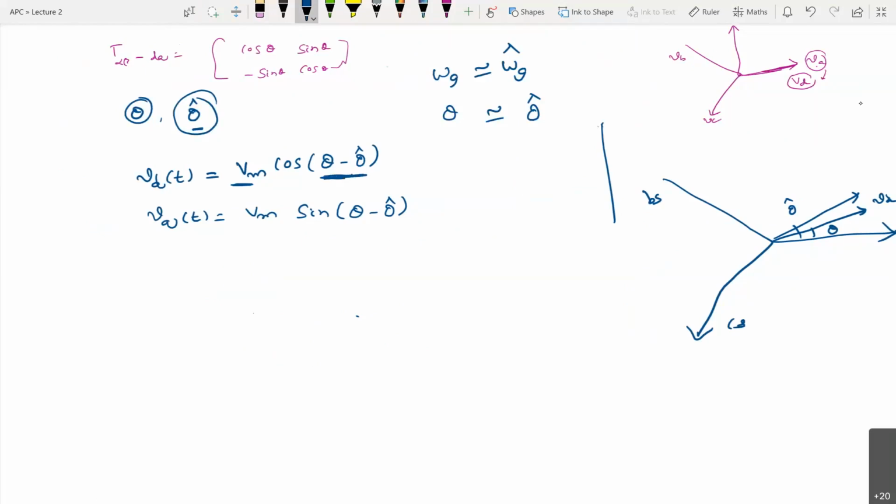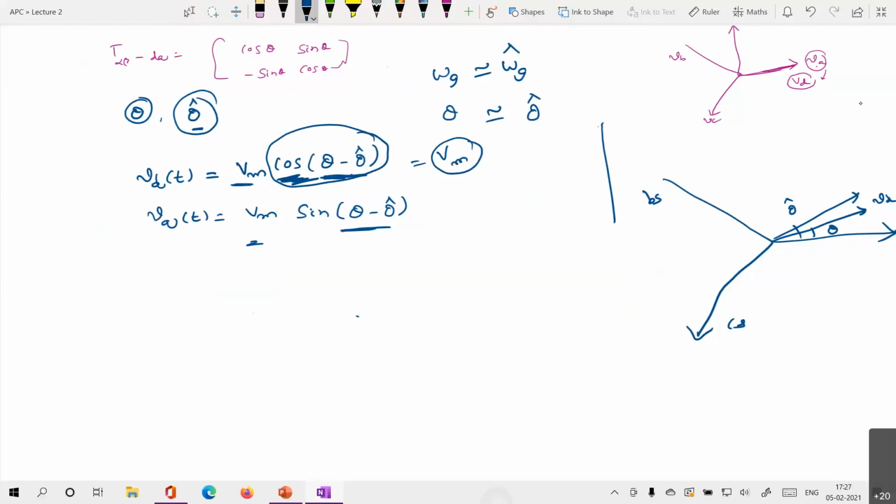So this is multiplied with cos of this angle, and this angle is very small, almost equal to 0. Therefore cos 0 gives you the magnitude component. Whereas here it is a sine term, so this is also very small.